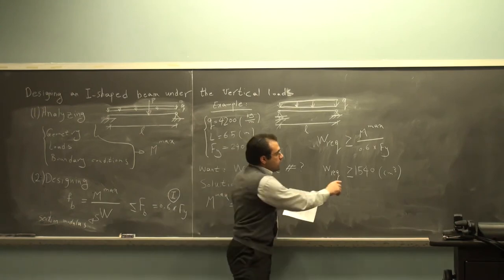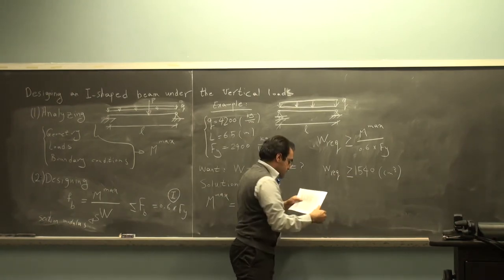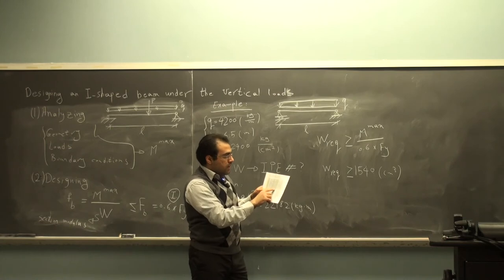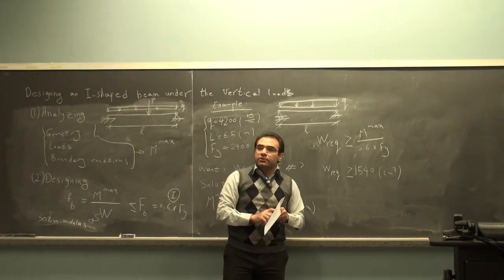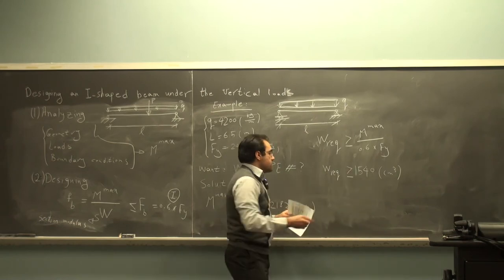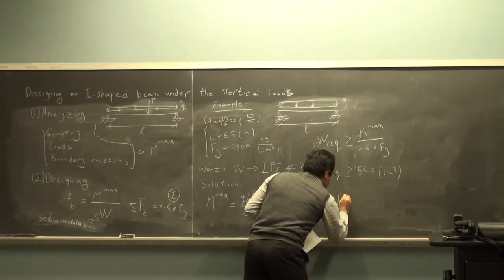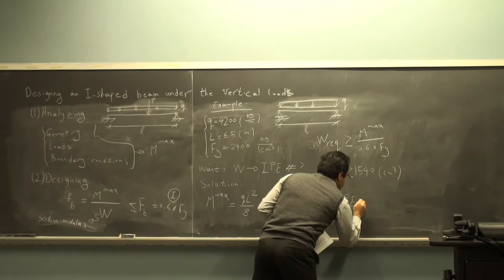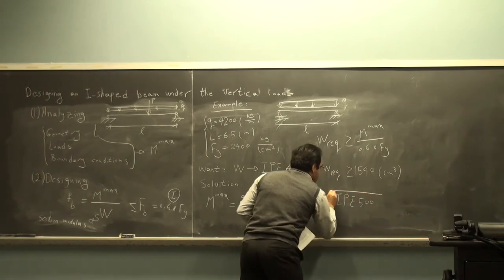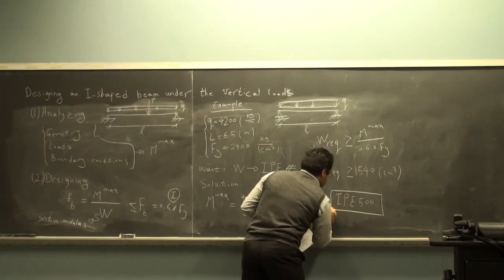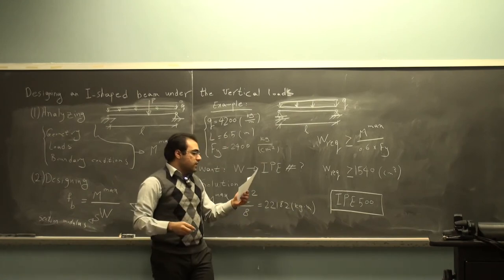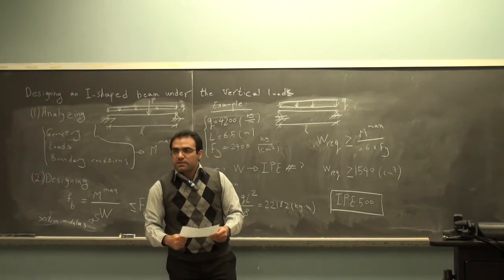So we are looking for a W that is bigger than this number. So if you follow this column, you find that the IPE 500 has a W bigger than this number. So I will use IPE 500. Okay, so that's all. The designing process is done.